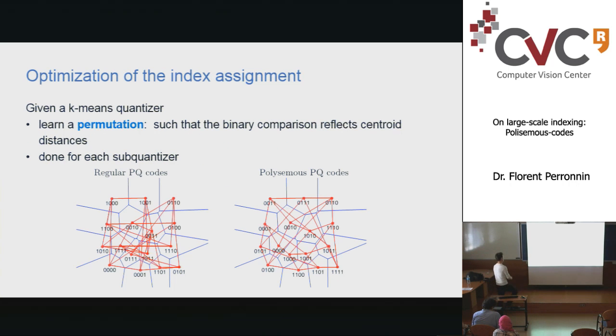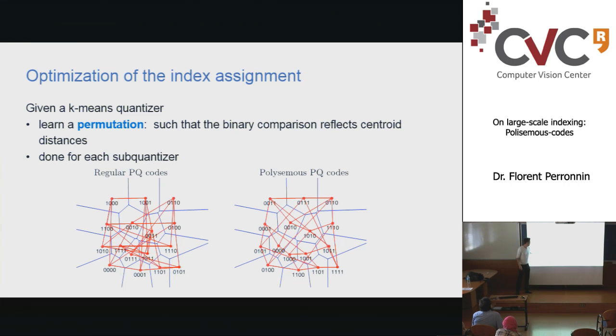So this is what I show here. Here you have k-means. I think you have something like 16 centroids here. So 16 centroids are encoded over 4 bits. And here you have a random assignment of the centroid indices to the clusters.